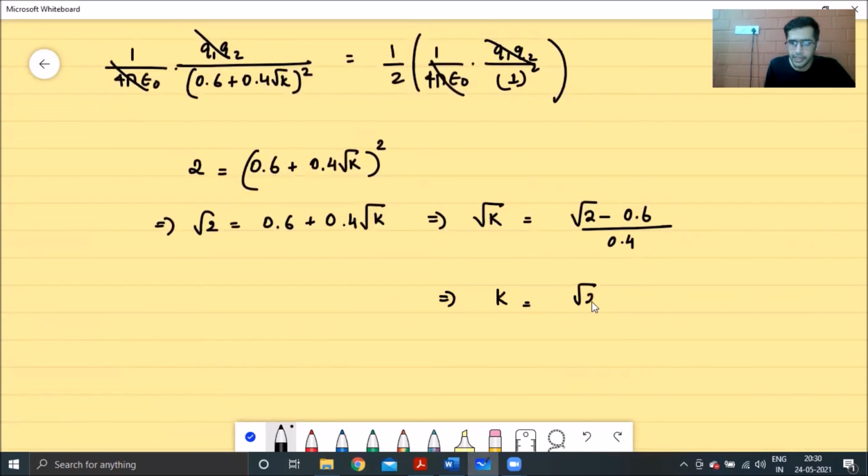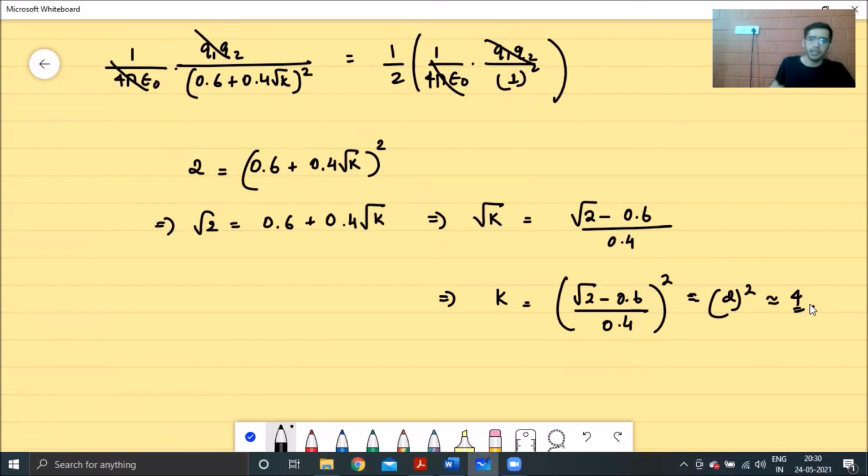Solving this approximately, root 2 is 1.4. So 1.4 minus 0.6 is approximately 0.8. So 0.8 divided by 0.4 is 2. Again, it's an approximation. So k is 2 squared, and you get the value of the dielectric constant to be approximately equal to 4.